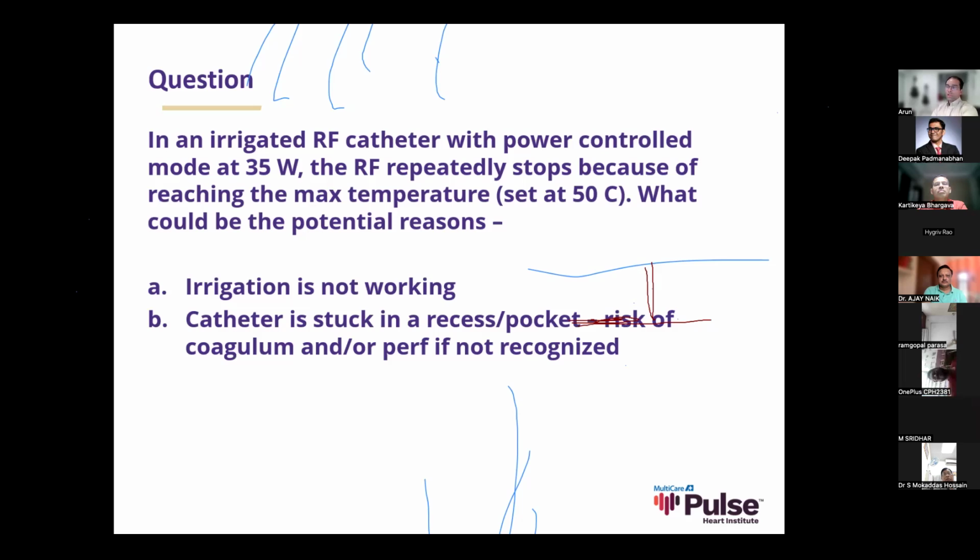Risk of coagulum or perforation if not recognized. It's an irrigated catheter. Ideally, you should be able to cool the surface, but the RF generator keeps telling you that the temperature is maxing out and it keeps coming off.